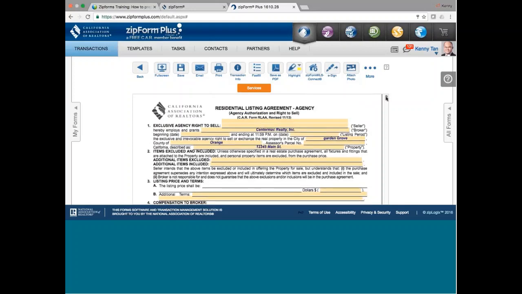Now, what happens if you have a commercial listing where you're trying to do an exclusive agency and there's no standard form? If you try to look for a standard form for exclusive agency listing agreement for AIR, you're not going to find one. So you have to kind of modify the exclusive right to sell. You probably will have to draft your own language, and you just need the seller to sign off on it. Okay.